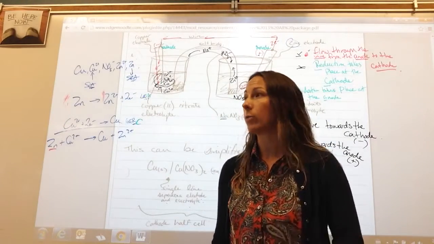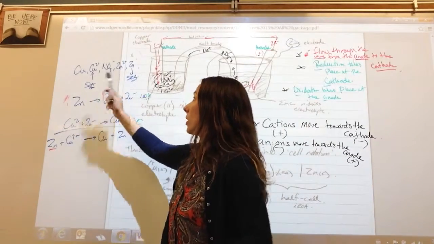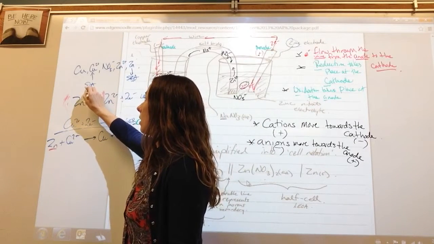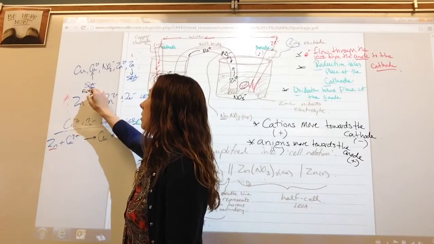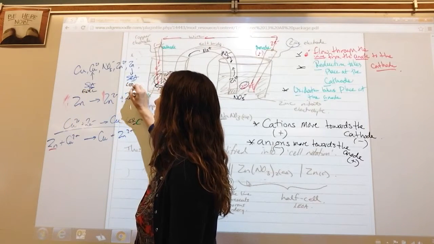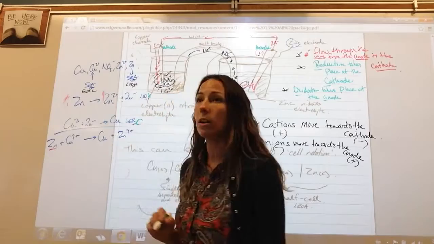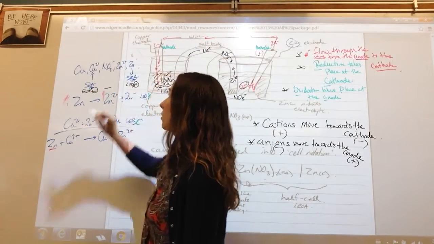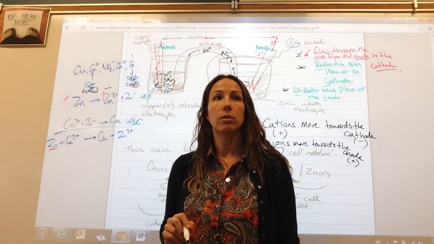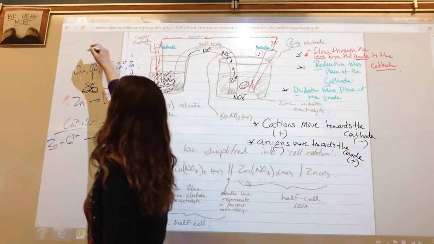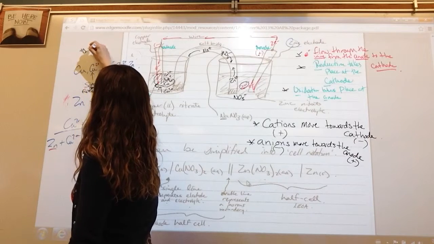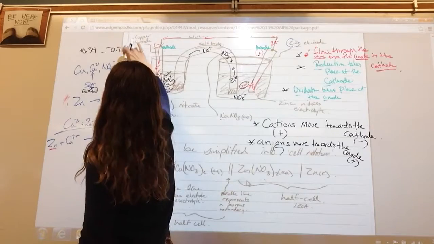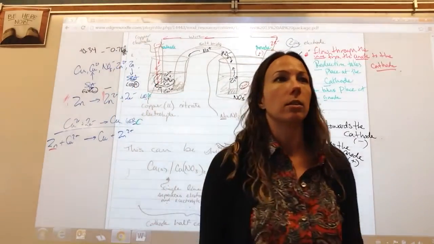Or you can look in your data booklet, figure out which is which, and know that this is going to be the GERC and this is going to be the LiOA, because reducing agent, oxidation. And then we go cathode minus anode. So positive 0.34 minus negative 0.76, or whatever my memory is telling me.